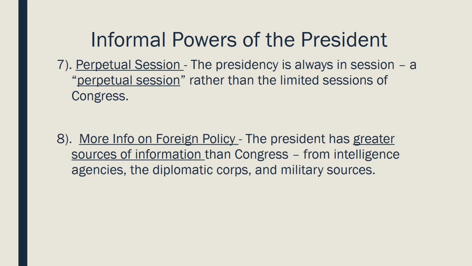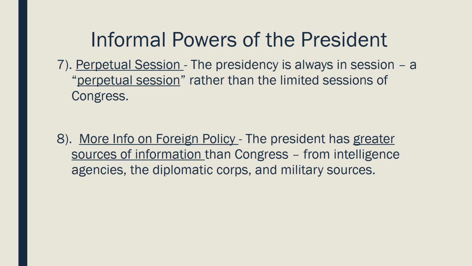Oftentimes, it is Congress's power to oversee these executive branch organizations, but it is limited because the Congress isn't in session all the time.